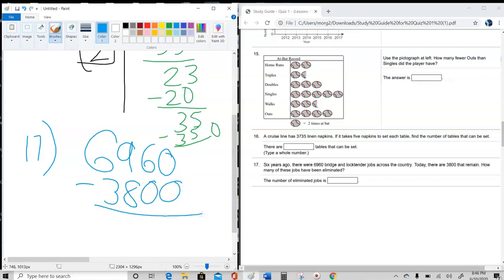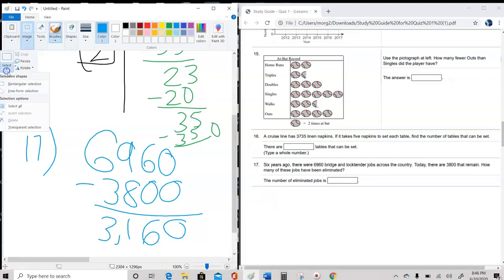Eliminated means take away. So when we finish the problem, let's see how many jobs were eliminated. 3,160 jobs were eliminated. So look for keywords or phrases to help you figure out what type of operator to use.